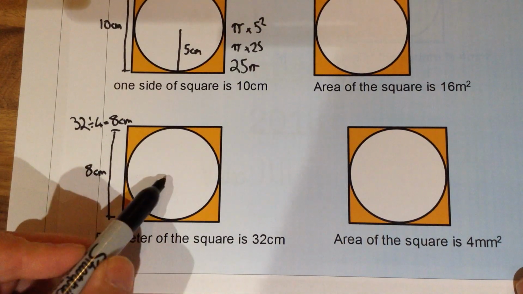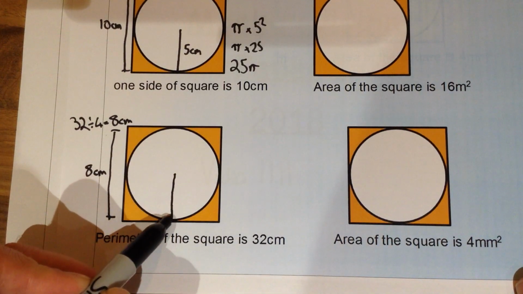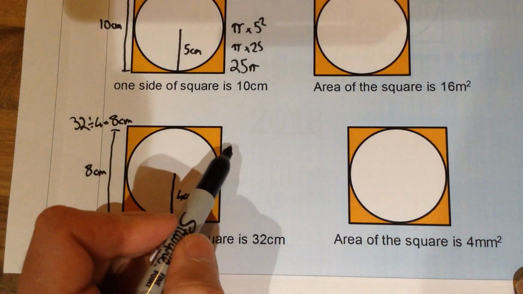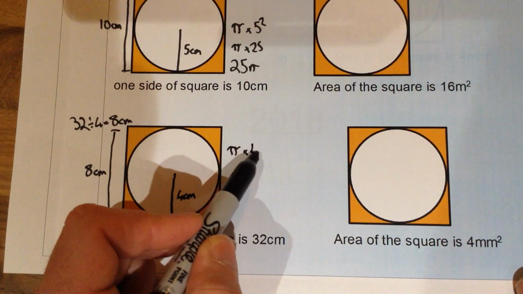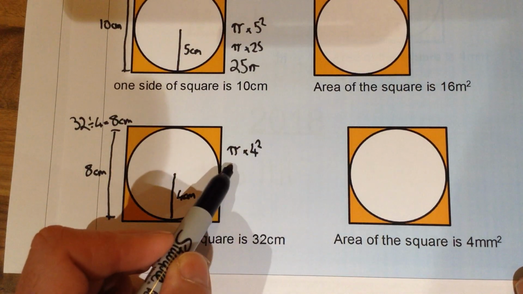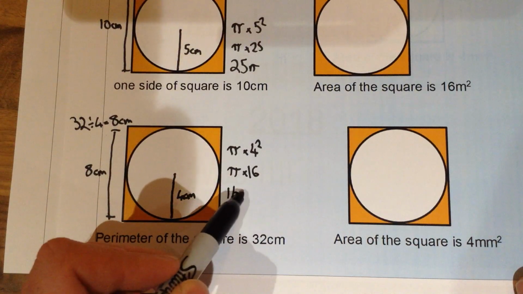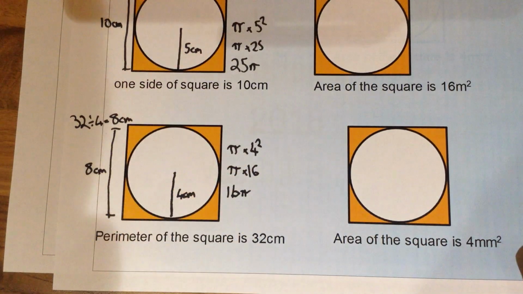So if the side is 8, the radius again would have to be half of that, so 4 centimetres. So we would have to do pi times 4 squared, which is pi times 16, and we would write that as 16 pi.